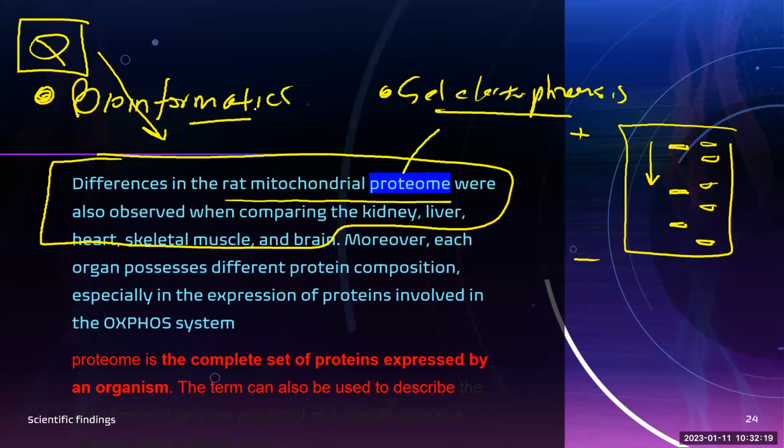Of course, that is a different story, because in muscles, actin and myosin are proteins. Actin and myosin are very high in muscles, and they may be absent in neurons. In that context, protein composition is different. But here they highlight the expression of proteins involved in the oxidative phosphorylation system.